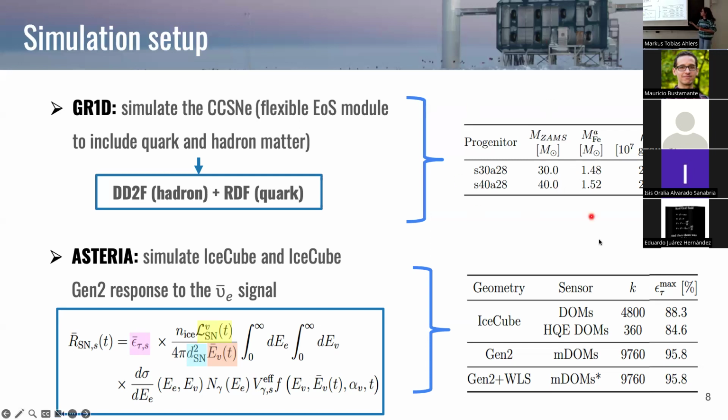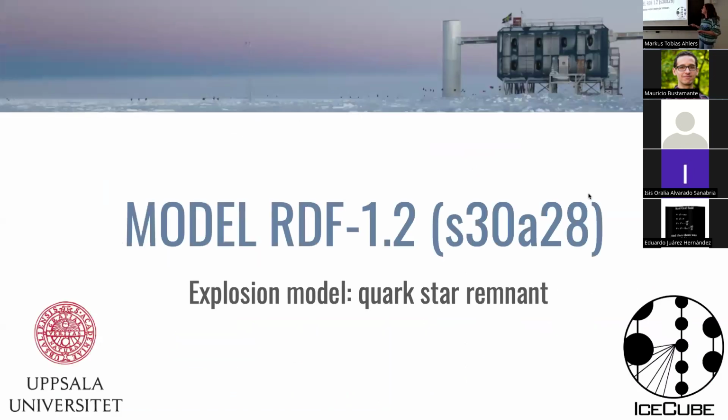Then I'm also analyzing IceCube Gen 2, where we are including 9,000 more optical modules, which are in this case multiple mDOMs, which stand for multiple PMTs in each module. And then I'm also analyzing another technology, called the wavelength shifter technology, which is basically enabling us to see not only the optical part of the Cherenkov light, but also the UV part of the Cherenkov spectrum.